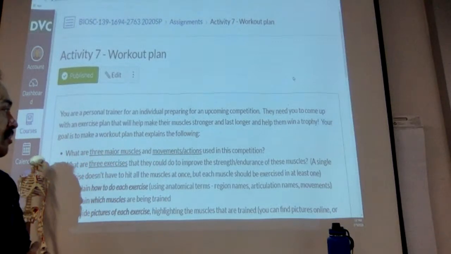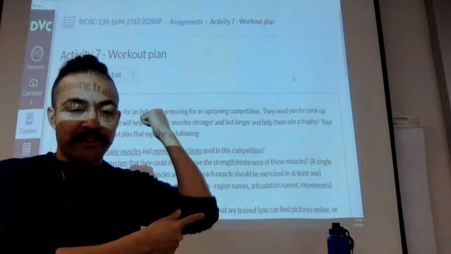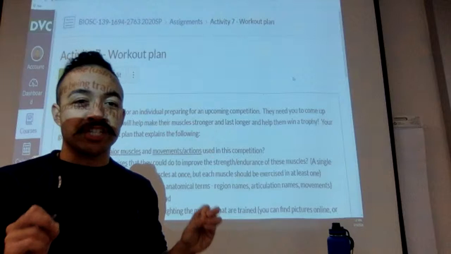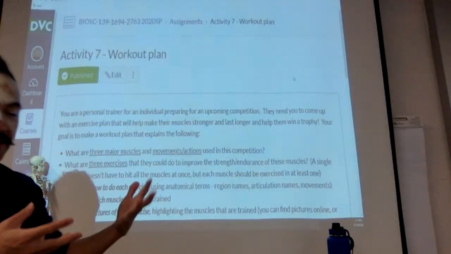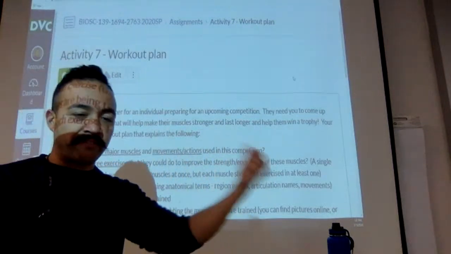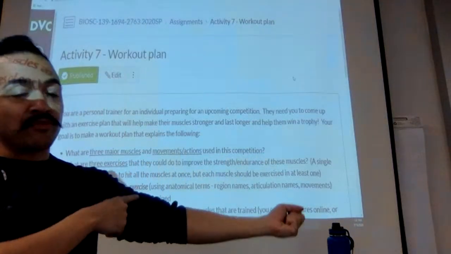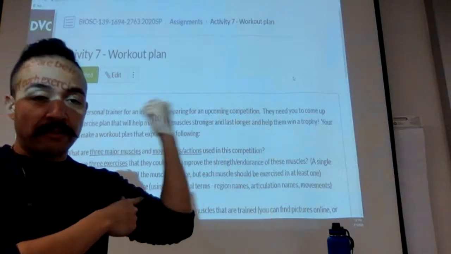So let's say I'm working on my biceps brachii. That means I'm going to be flexing at the humeral ulnar joint. Please use technical terminology just like we've always done. So if my competition involves this motion, I would be trying to find an exercise where you're flexing the humeral ulnar joint to strengthen the biceps brachii.